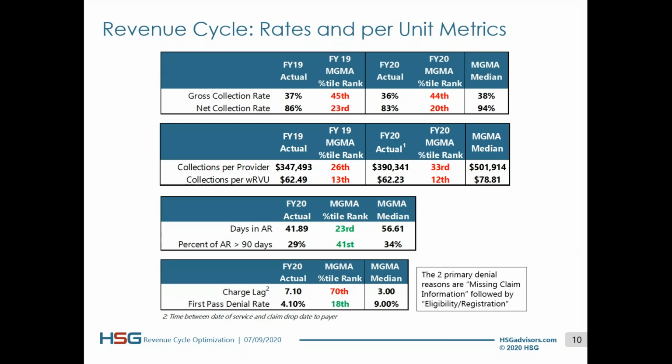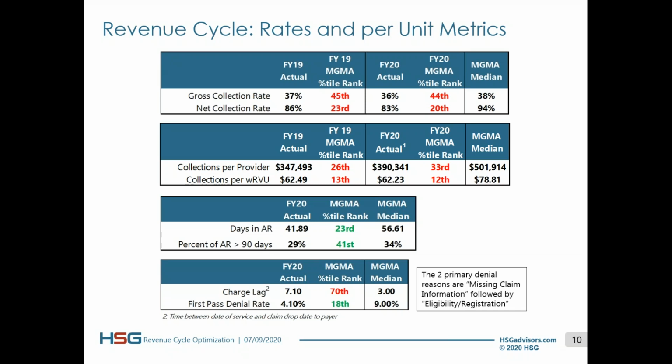Is it realistic to expect us to collect at $78 or $79 a work RVU? Maybe not based on our payer mix, but should we be able to close that gap and be at 68, 69, or 70? I think that's part of the story that we'd be looking to tell, and part of the analysis that we'd be looking to understand.